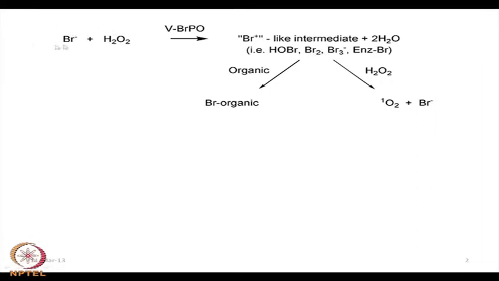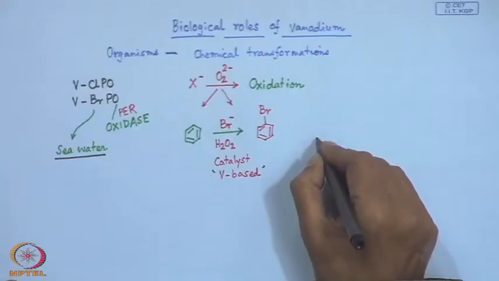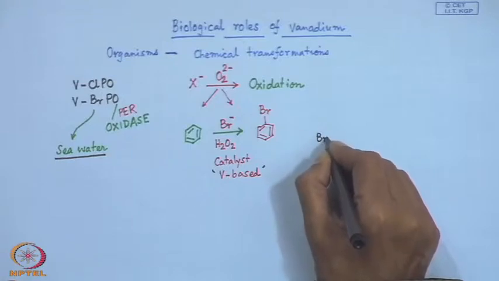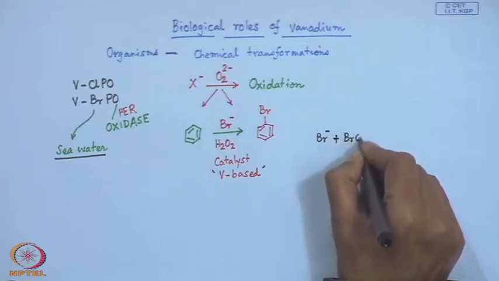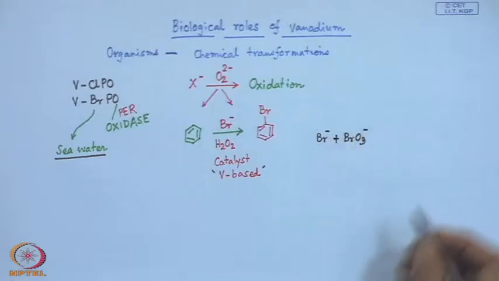Like that, when we react Br minus with potassium bromate, that also liberates bromine. So synthetically in the laboratory, Br minus is reacting with some oxidizing agent like bromate anion, say potassium bromate.